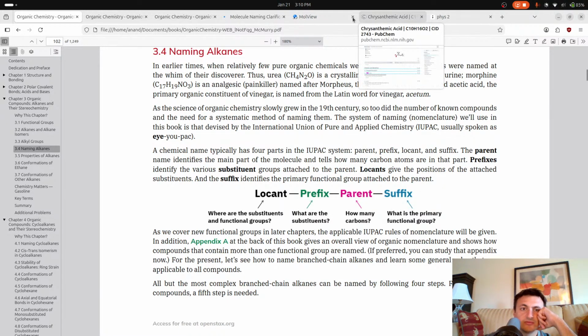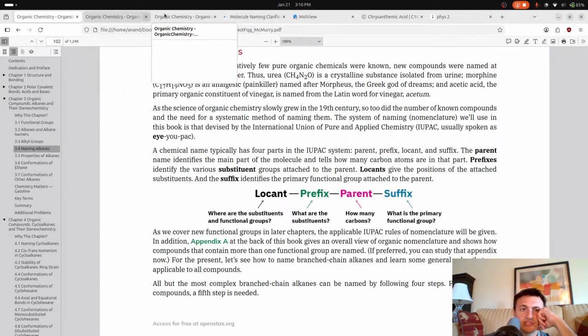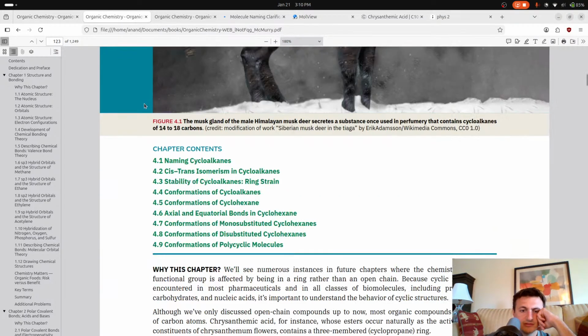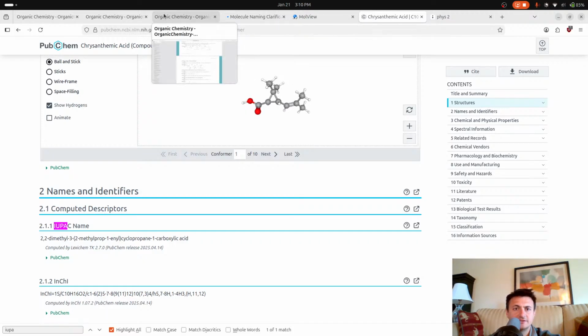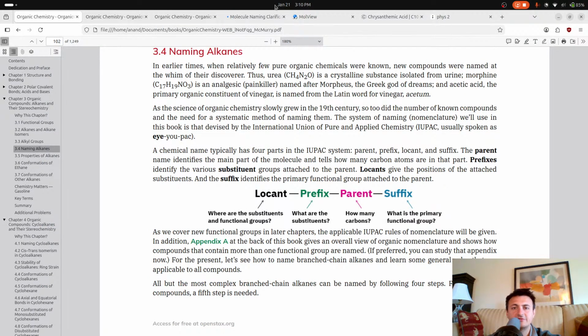But so did they do oic acid, or they just said carboxylic acid? They just said carboxylic acid. But then why is it at the end? Bro, that's crazy. So, okay, but it's not so bad. The weird thing is, what do they call it? Suffix? Is it called suffix? The suffix is interesting.